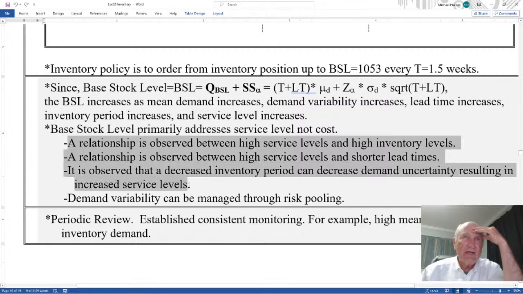So here are these relationships that have been observed with the different service levels. In other words, as a service level increases, well then your base stock level increases and the inventory levels increase. But it has been observed that if you have very high service levels, you want shorter lead times to satisfy that.